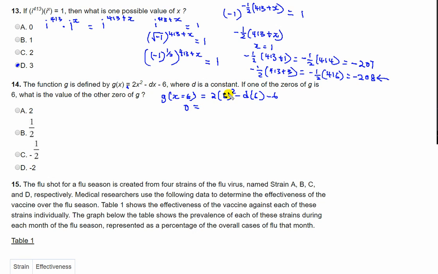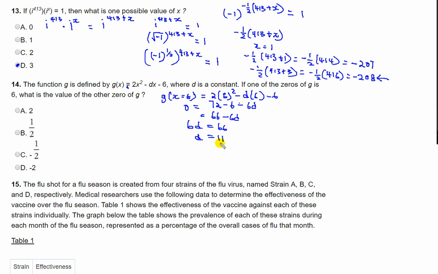So 2 times 36 is 72, minus 6 minus 6d, this becomes 66 minus 6d. So 6d equal to 66, therefore d equal to 11.